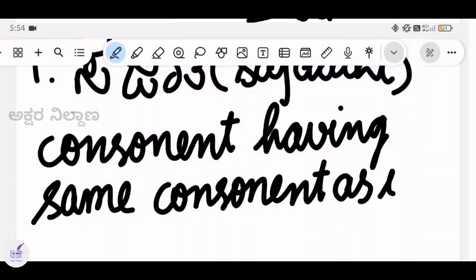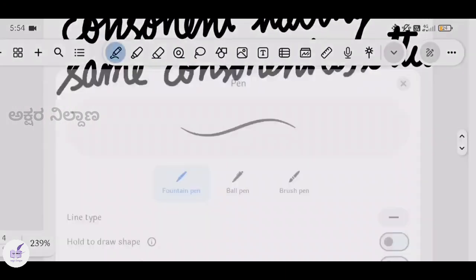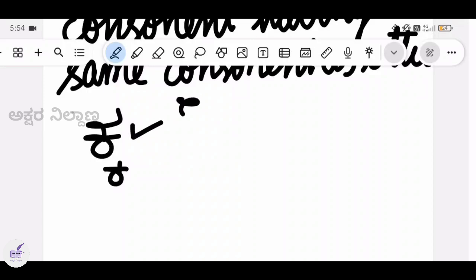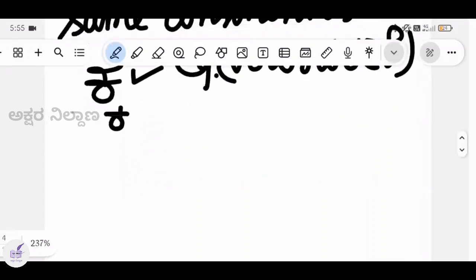Suppose this is Ka. If Ka is having Ka Vattu, then it is called as Sajati Vattakshara. Okay. Let's see the examples. Example in Kannada it is called as Udaharane.